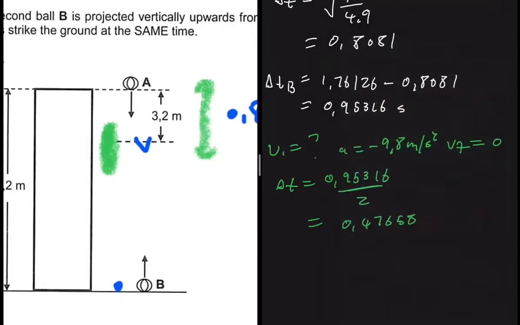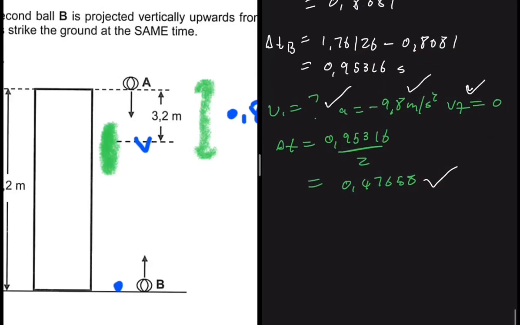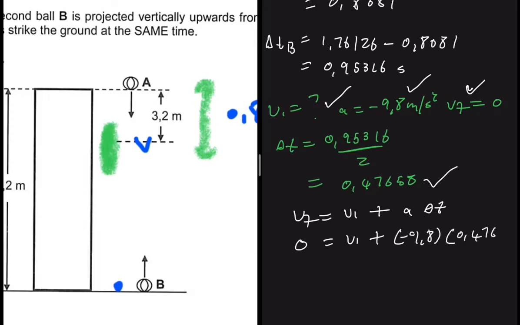So now I have delta T. I have VI, which is what I'm looking for. I have acceleration. I have VF. So it's easy to see now that I can say VF is equal to VI plus A delta T. VF is 0. VI is what we're interested in, plus our acceleration, which is minus 9.8 multiplied by the time, which is 0.47658.